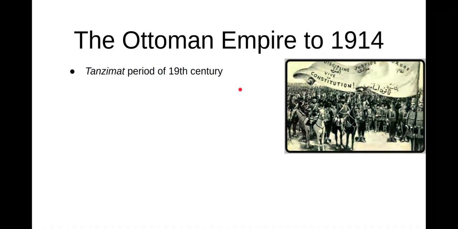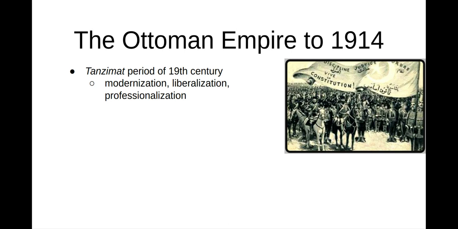Up until 1914, what the history of the Ottoman Empire is in the 19th century: the Ottoman Empire, seeing Europe industrializing, pretty much realizes that they either have to keep up or they're going to be subject to absorption by these growing European powers. They fear, to an extent, being colonized by them. There's a period in the 19th century called Tanzimat where the Ottoman Empire begins to modernize industrially.